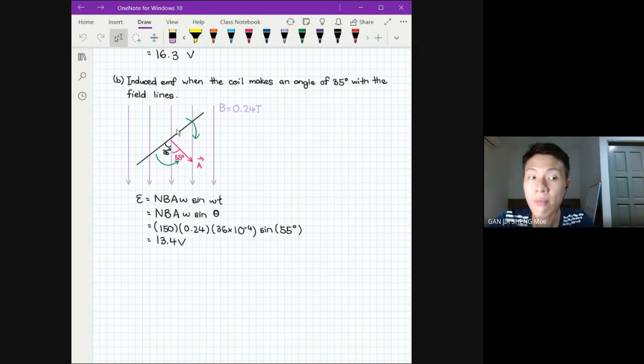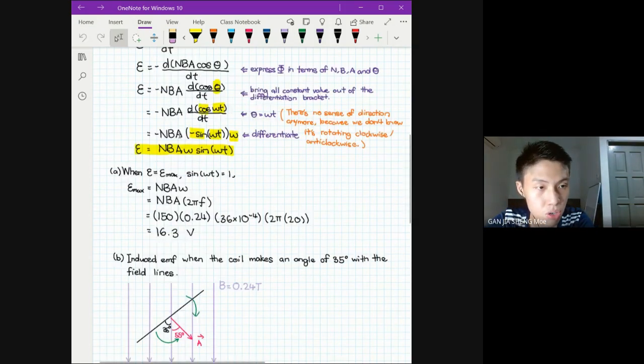If you clearly know whether the flux is increasing or decreasing, then you can determine the direction of the induced EMF. But in this case, they just tell you the angle is 35 degrees. They don't say whether it's rotating clockwise or anti-clockwise. So you are unable to determine whether the magnetic flux is increasing or decreasing. Therefore, the sign of your induced EMF carries no meaning regarding direction.